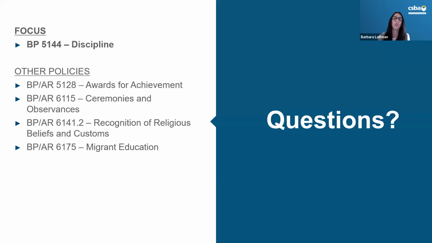So conditionally mandated means that if you operate it, then you do need to have the policy. If that helps with understanding what conditionally mandated or mandated means. So am I right, Barbara? Like in this case, if you were wanting to give out the state seal of biliteracy, then you would need to adopt this policy? Exactly. Good example. Yes, exactly. Correct.